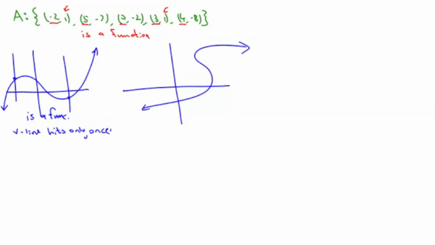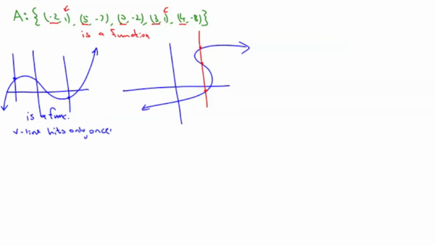Is this the graph of a function? No, without a doubt it is not. Because all you have to do is pass a vertical line right here, and you hit the graph once, twice, 3 times.